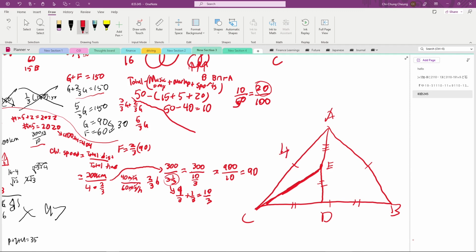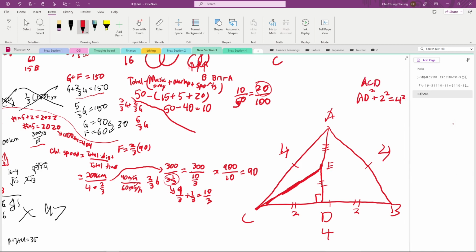This is 4, that's 4, because it's an equilateral triangle. This is 2, and this is 2, because that's the midpoint. And let's find AD. AD, and this is 90, using Pythagorean theorem, it's AD squared plus 2 squared equals 4 squared, because you're doing for ACD, right?